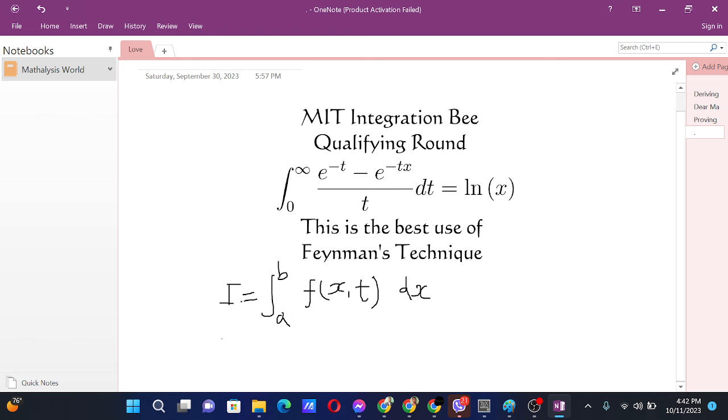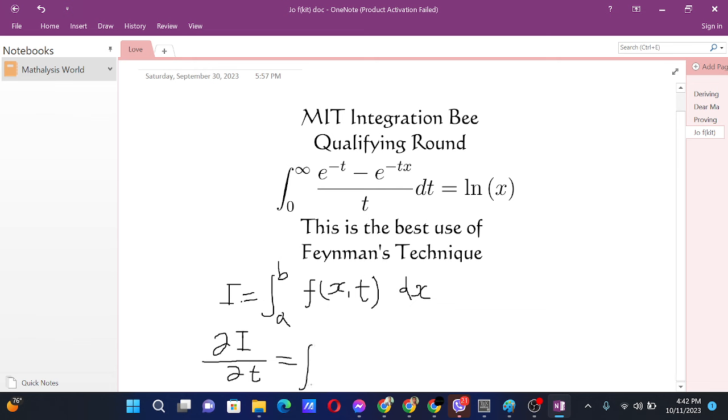If you want to differentiate the integral with respect to t, since this integral is in the world of x, we can directly differentiate inside the integral sign.